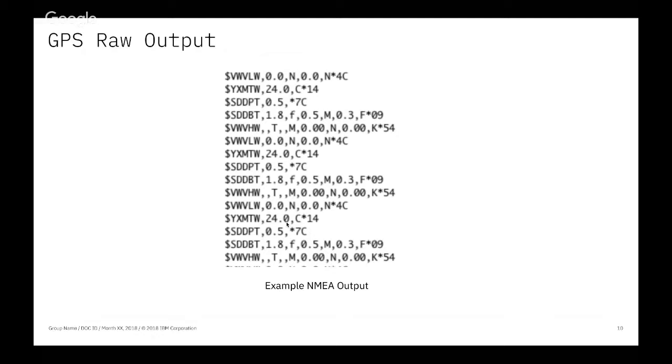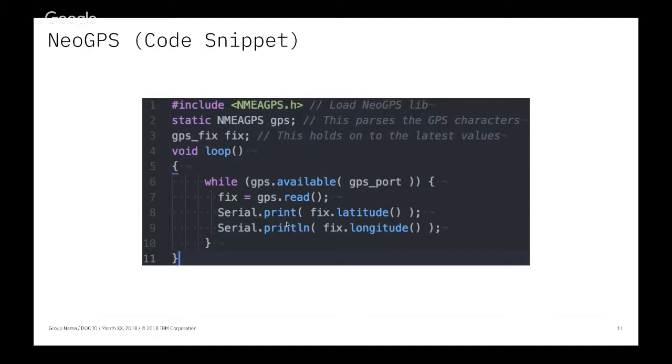Since we're dealing with limited bandwidth, of course we only want to send up a portion of the payload. Essentially I just want the longitude and the latitude. To do this, I utilized a library I found on GitHub called Neo GPS, and I've pasted a sample snippet here.